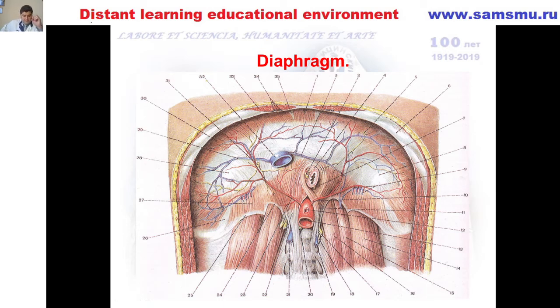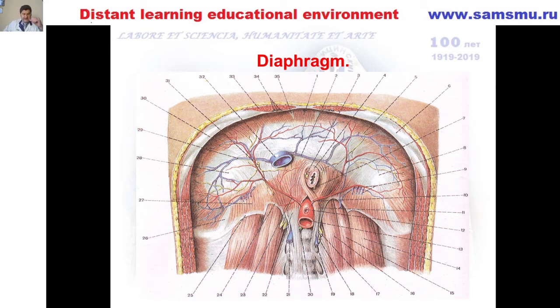Also two tendinous ligaments, you may see these ligaments here in white, are thickenings of the thoracolumbar fascia.